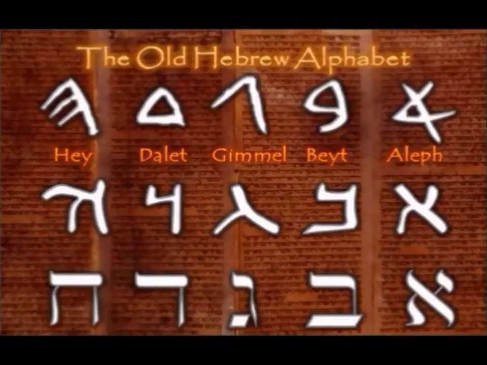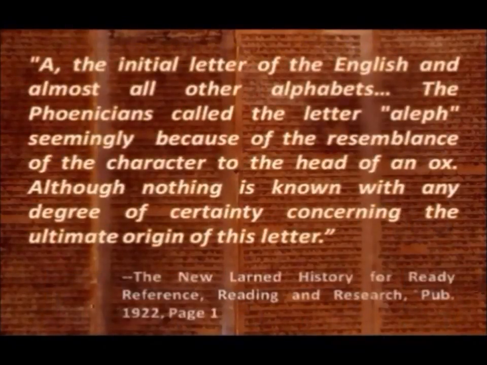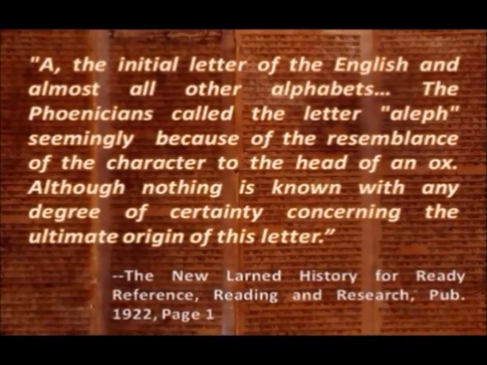By the end of the 19th century, the translation of the Semitic alphabet was well established. The only mystery was the origin of this alphabet, as mentioned in the 1922 The New Learned History for Ready Reference, Reading and Research, in its entry for the letter A. A, the initial letter of the English and almost all other alphabets.